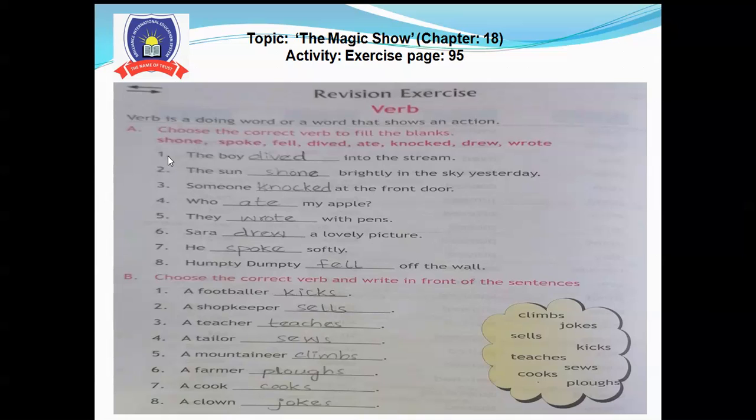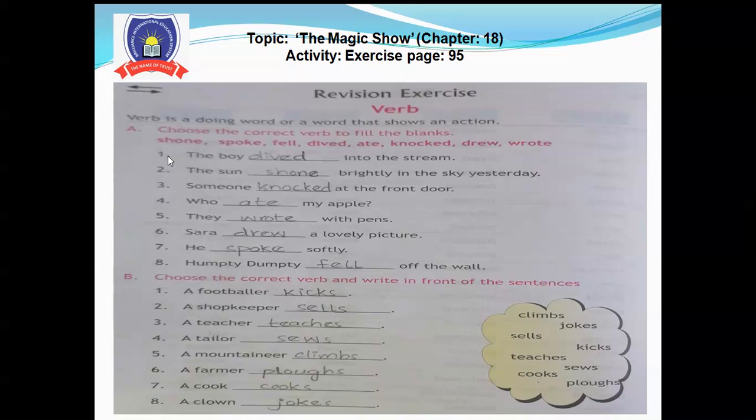A mountaineer climbs. A farmer ploughs. A cook cooks. A clown jokes. Okay students, have you written it all?